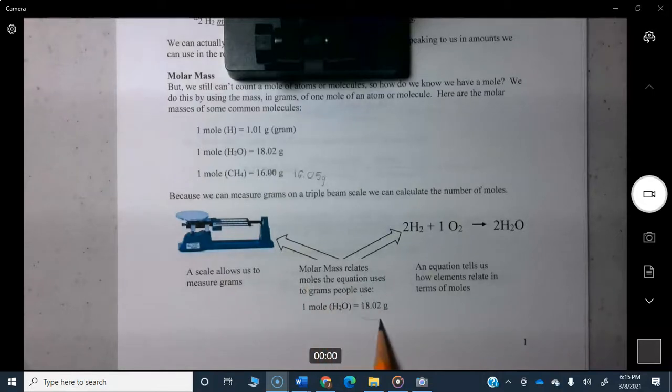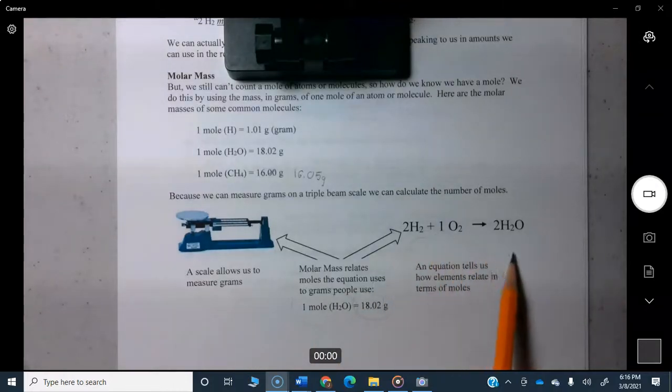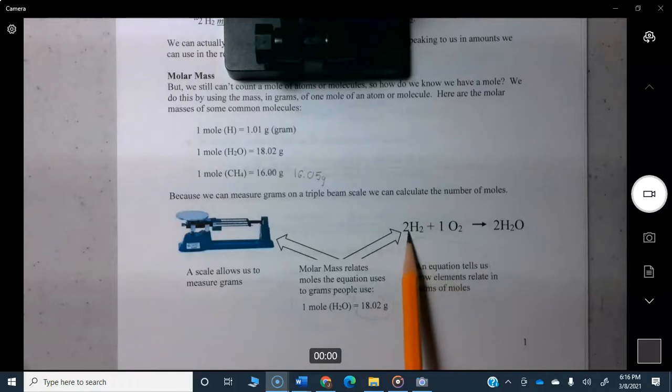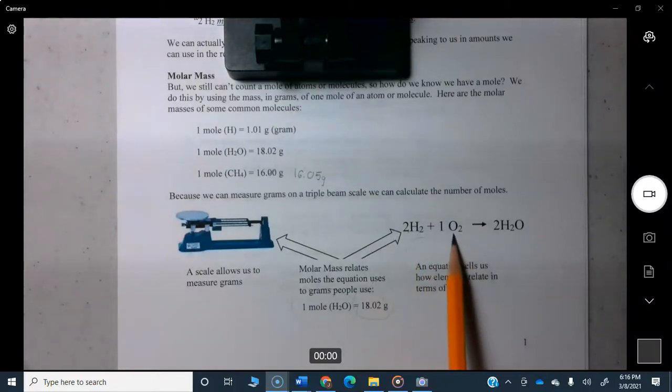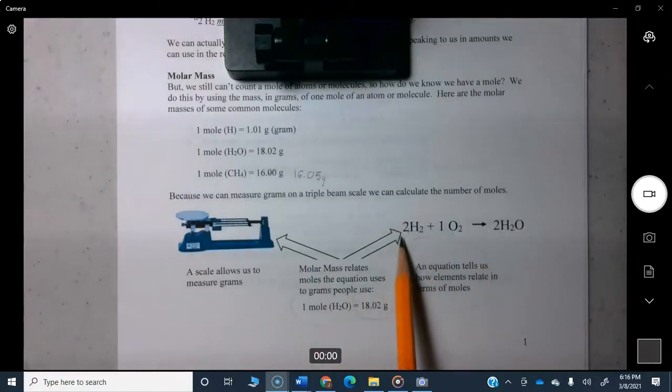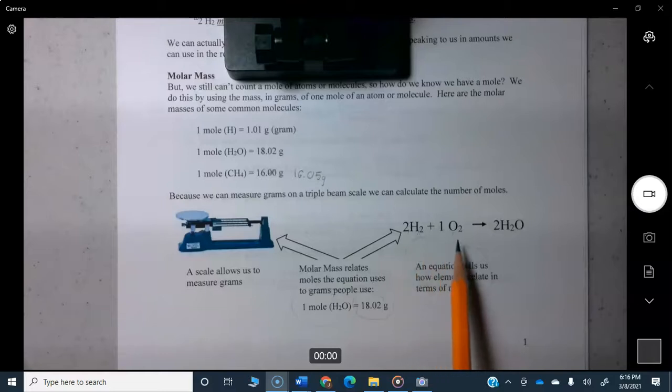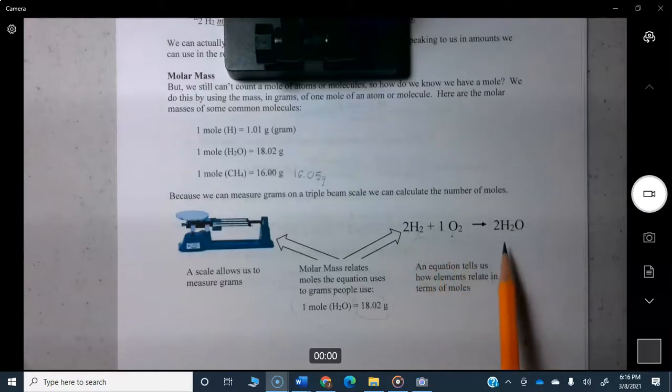So we can measure things in grams, while the chemical equation speaks in terms of numbers of molecules, and that allows us to communicate with the chemical equation. The chemical equation doesn't care how much the H2 weighs, or how much the O2 weighs, or how much a mole of water weighs. What it cares about is that you have 2 hydrogen molecules plus 1 oxygen molecule gives you 2 water molecules.